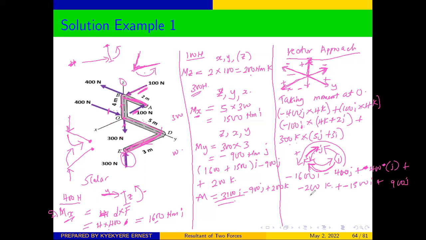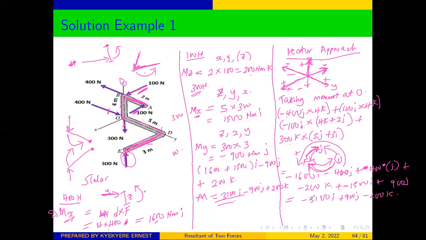Then from here we add all of them together, and our final answer is going to be negative 3100i plus 900j minus 200k.